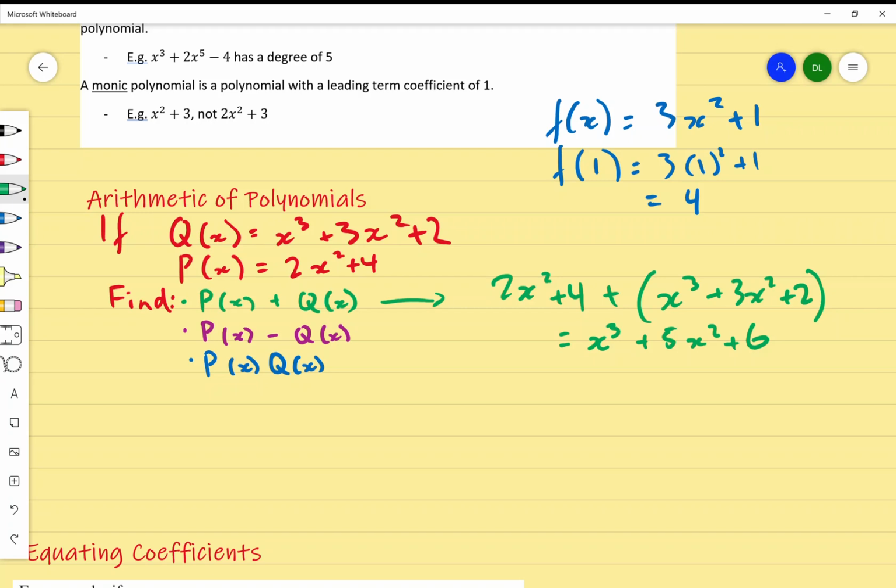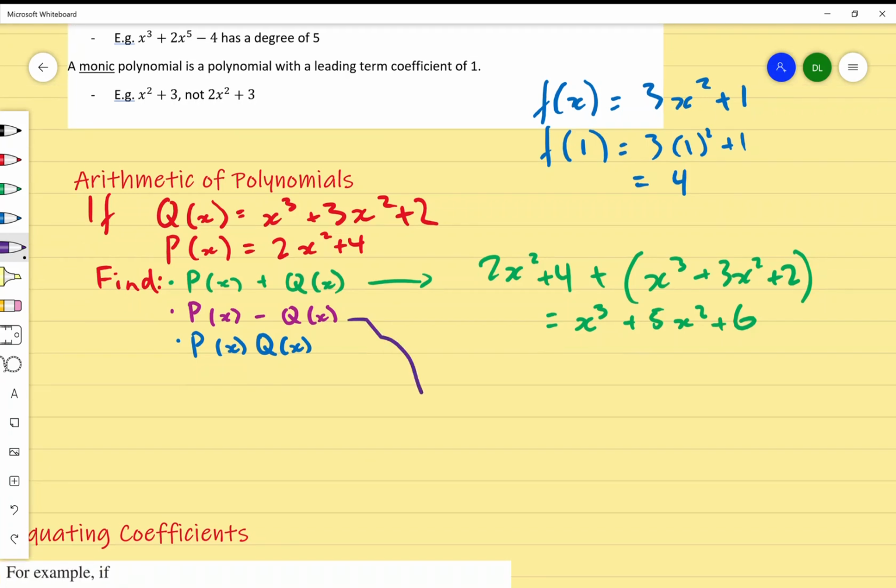Now, same idea. What if I was to do it with a negative? So I'm saying taking away. Same idea, except we're going to draw a better arrow. There we go. p of x is 2x squared plus 4. And remember, we're taking away the whole polynomial. So I'm going to go ahead and write minus, and then q of x, which is x cubed plus 3x squared plus 2.